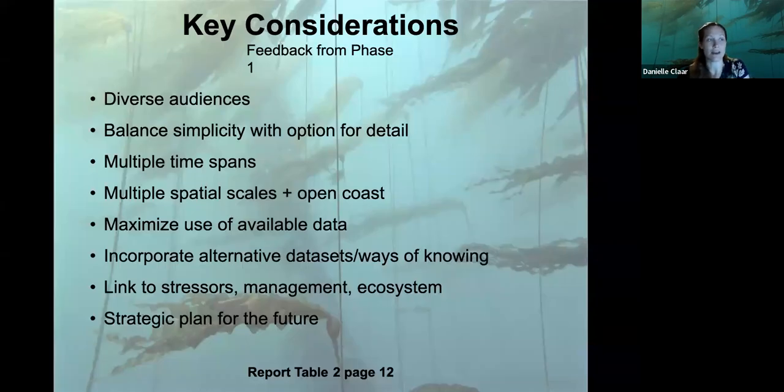So far, we've been working hard to meet these goals, and we've received a lot of valuable feedback from the broader community about how to make this the most useful tool possible.